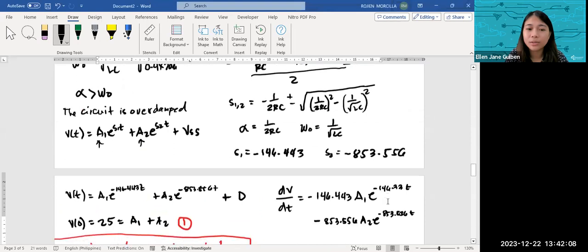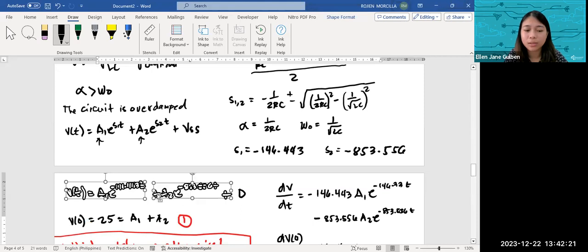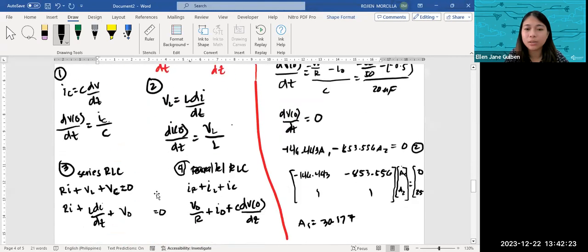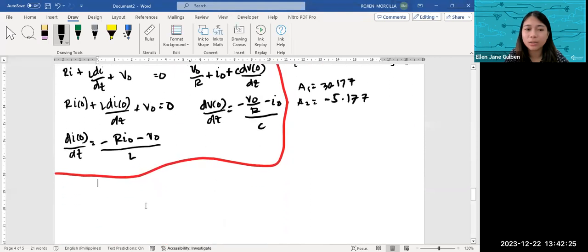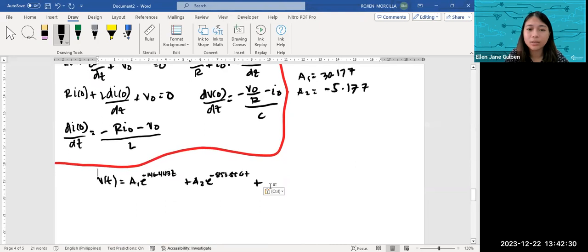So we translate this one here. And so this one is 0.